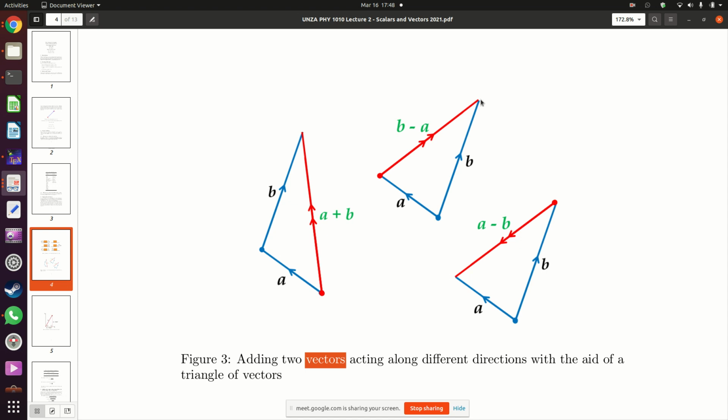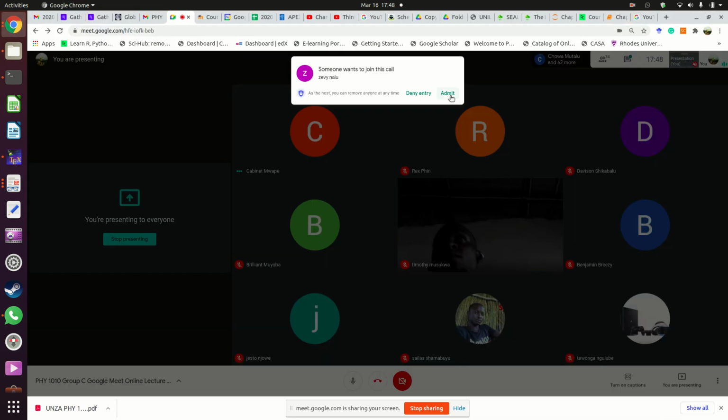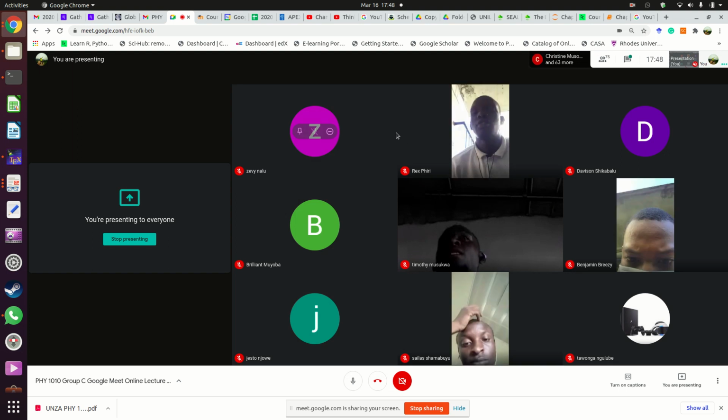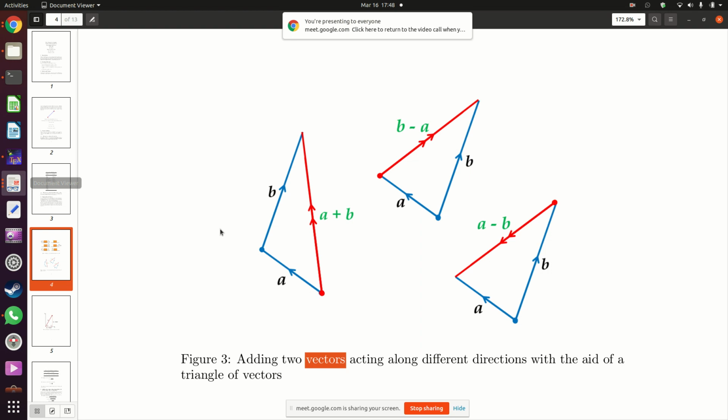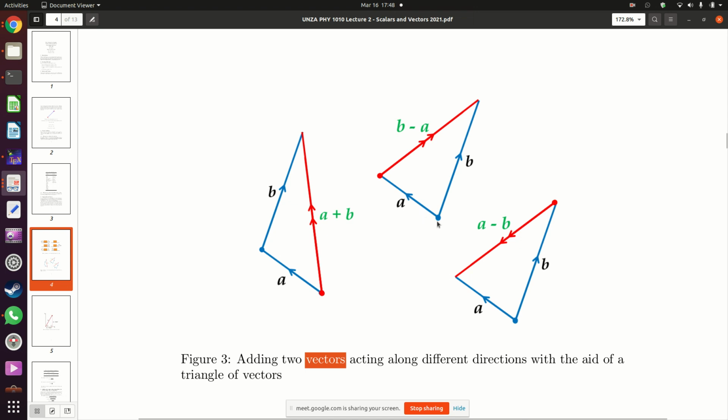Remember, with vectors, direction is very, very important. You have to consider the direction. So if I move in this direction, opposite A, that's minus A, then I move in the same direction as B and the same size.